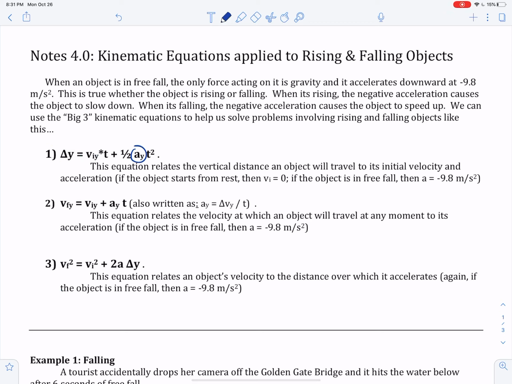In all three equations, that should actually be a sub y, it is going to be negative 9.8 meters per second squared. We're just going to assume that something is in perfect free fall, right? No air resistance. So let's take a look at how we can use these three equations to help us solve some problems involving falling, or rising and then falling, under the influence of gravity.